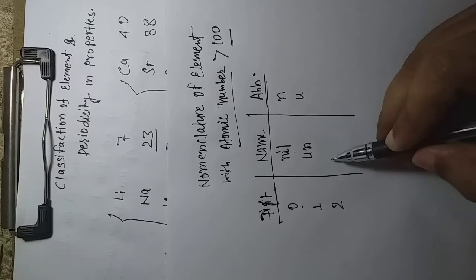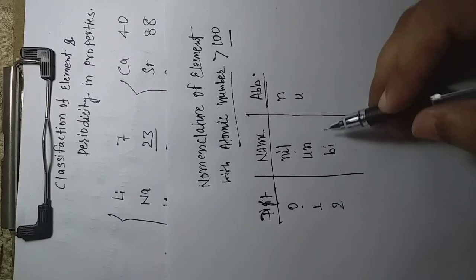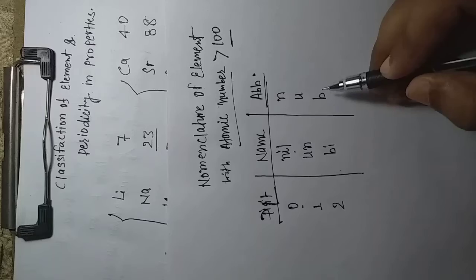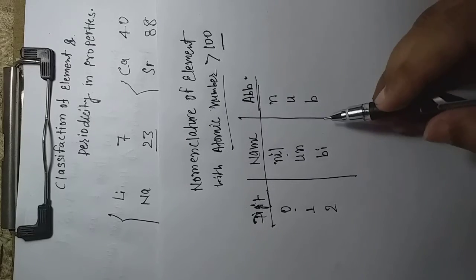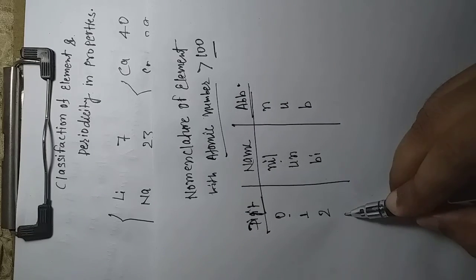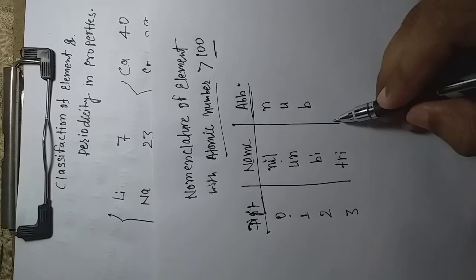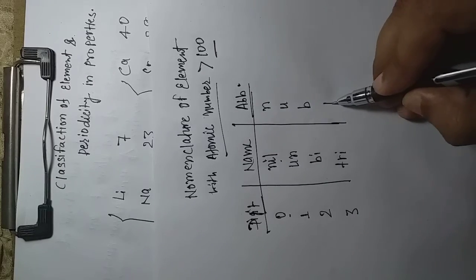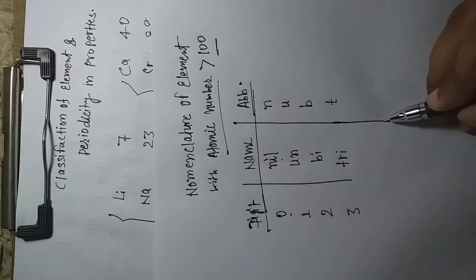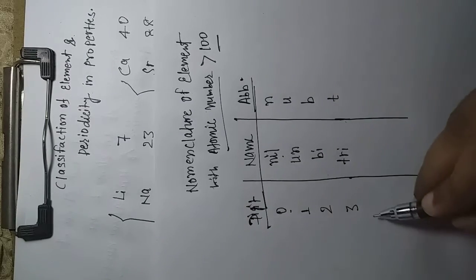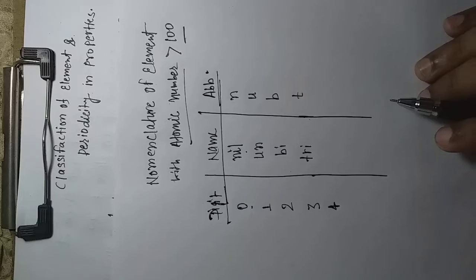For 2, you write bi. Somehow it is very easy, but somewhere it is a little typical also. 3 is quite easy, write tri, and its symbol is lower case t. Next is 4.